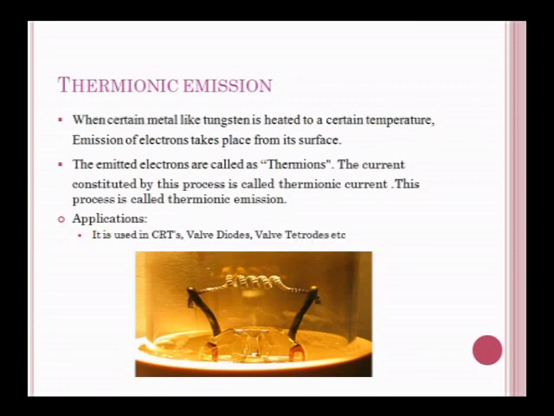Some of these applications are in CRTs, that is, cathode ray oscilloscopes or cathode ray tubes, which are used in TV. It is also used in valve diodes, triodes and tetrodes. These are electronic devices widely used either in a transmission station or a receiving station, or in X-ray tubes and so on.